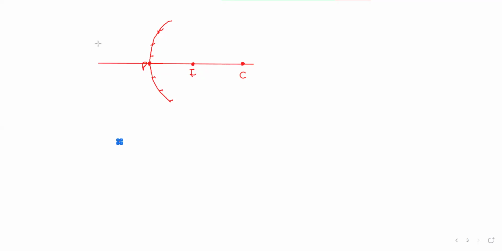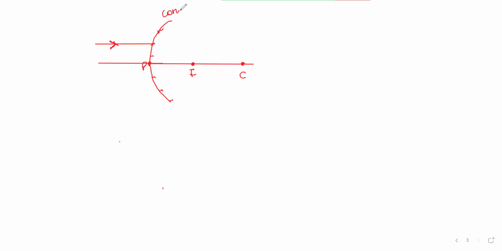So a ray of light parallel to the principal axis. Don't forget, convex mirror diverges incident parallel rays. Now, I said this is convex.